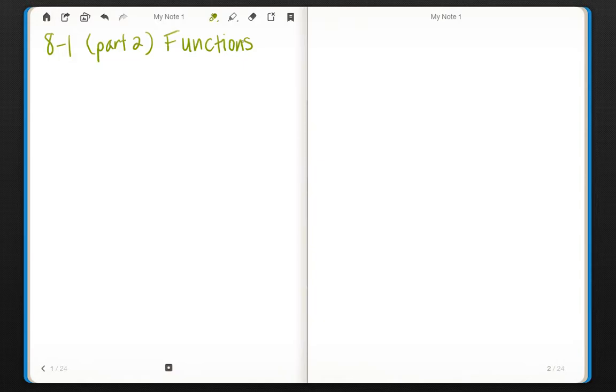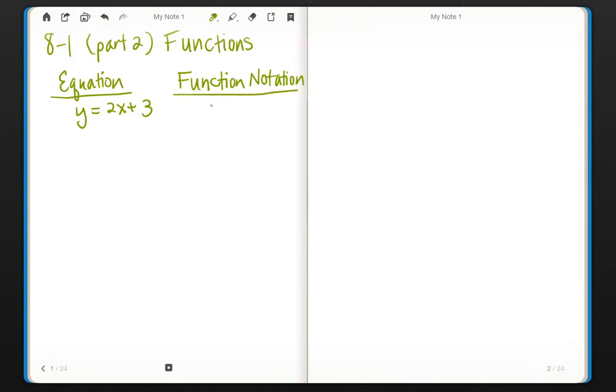So let's start out. An equation would be when you have your x and your y. An example would be y equals 2x plus 3. And then when you change it into what we call function notation, all you do is, instead of the y, you say what your input is.